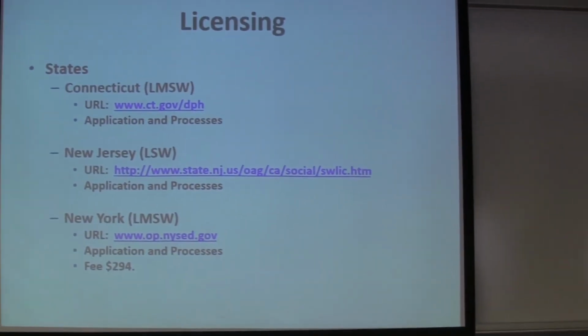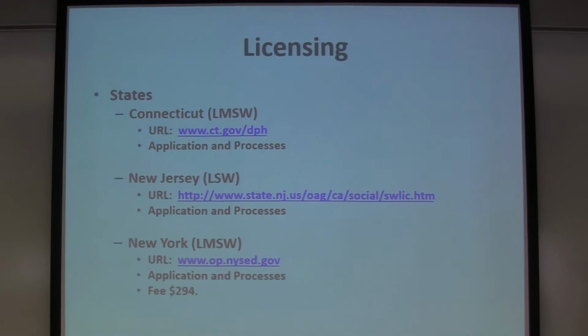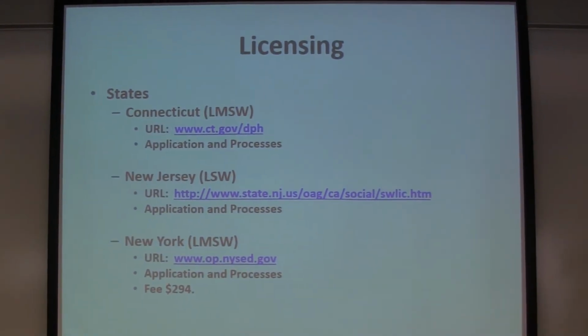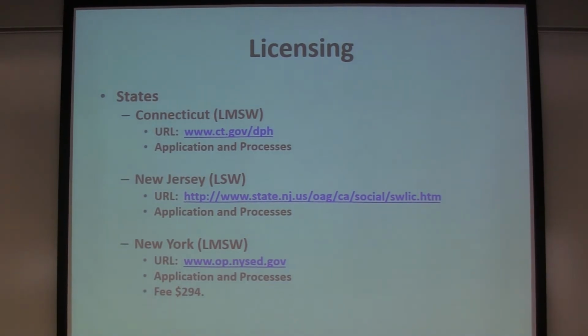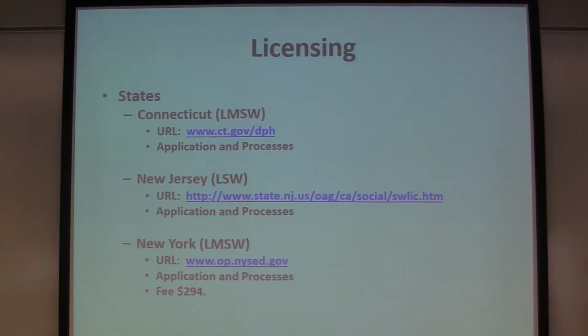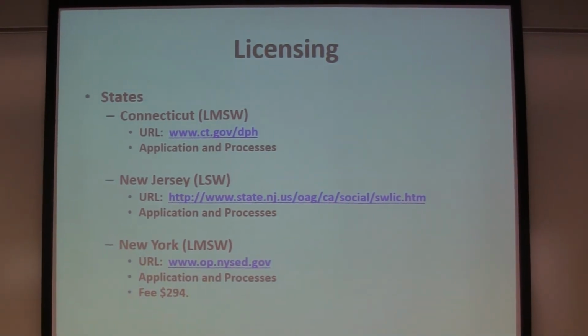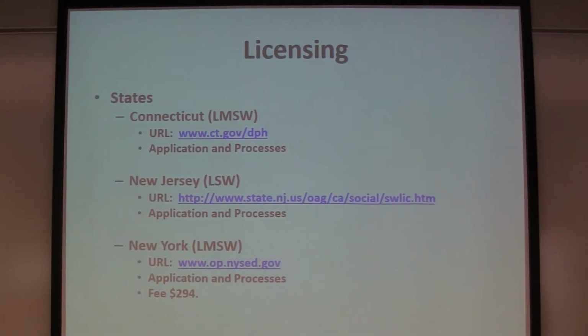So the 3 states that we talk about in this presentation, because most of our students are either from New York, New Jersey, or Connecticut, but I know we have students from Rhode Island and places that are far away. But this is the information for Connecticut, for the LMSW exam. In Connecticut, you need to have graduated, the same as in New York, and have a conferred MSW degree.